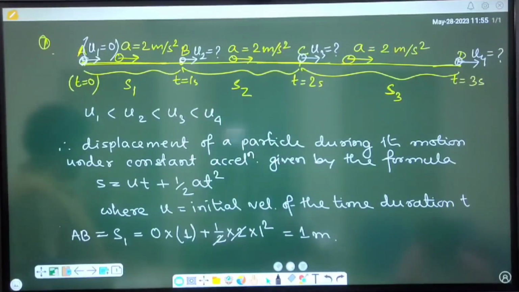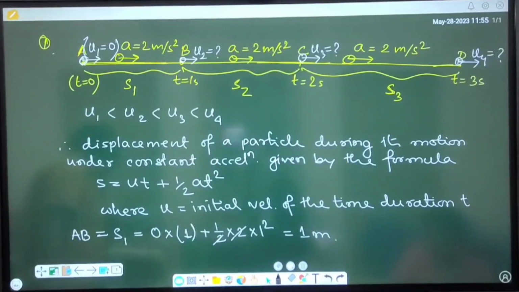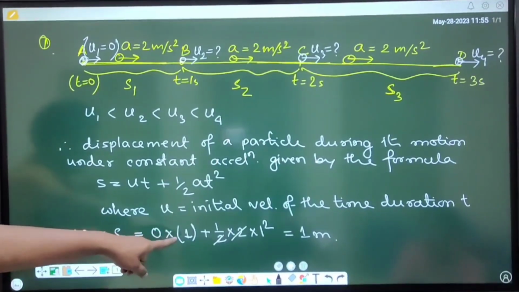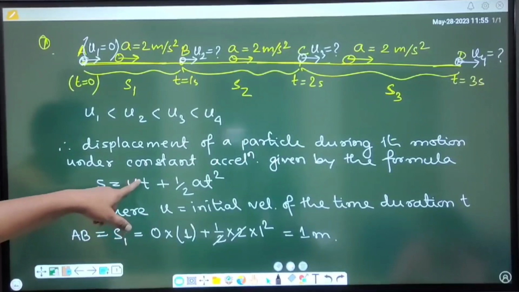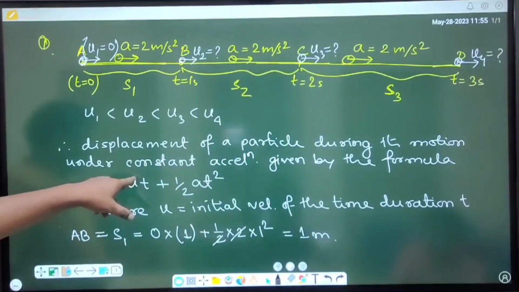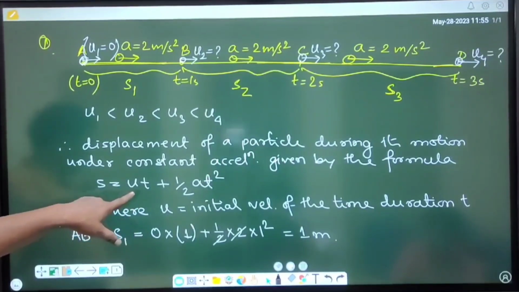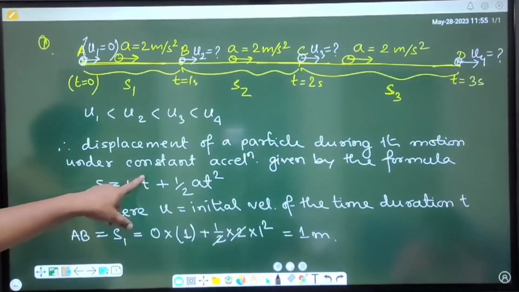If you are finding difficulty, then go to another sitting position from where you can see it clearly. Is that clear? Sir, why not 1 square? In this part? Yes. Because the formula doesn't say to use t square in the beginning part of the formula. In the beginning part of the formula it is u into t, where the power of t is 1.